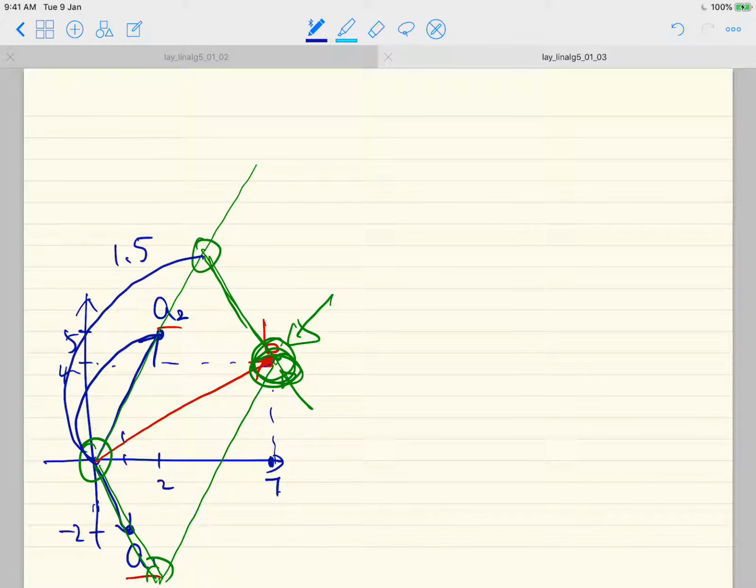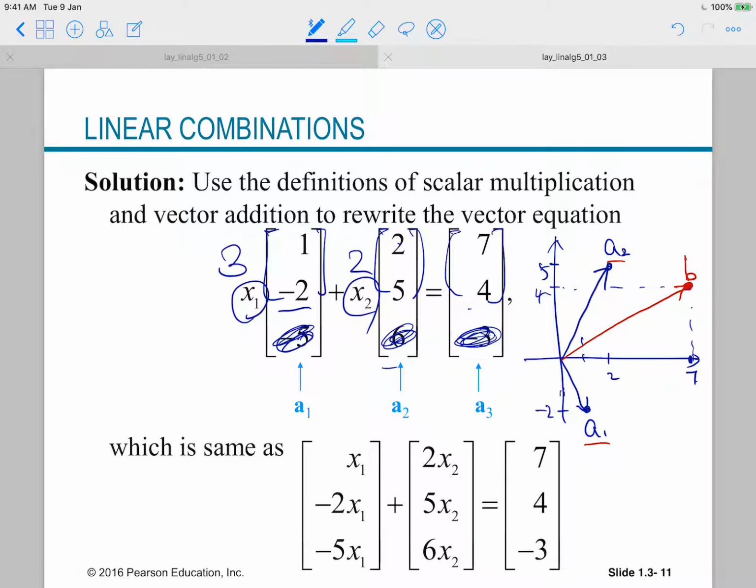Actually, if we draw this really nicely, then this ratio should be 2, because this 2 is actually the solution that we obtained over here. So what I'm trying to emphasize is, what is the physical meaning in this geometric coordinate system for this solution that we obtained through our Gaussian elimination?